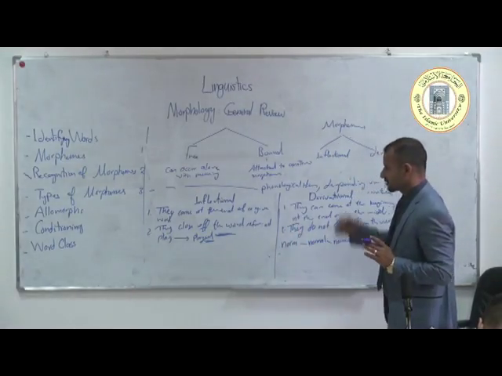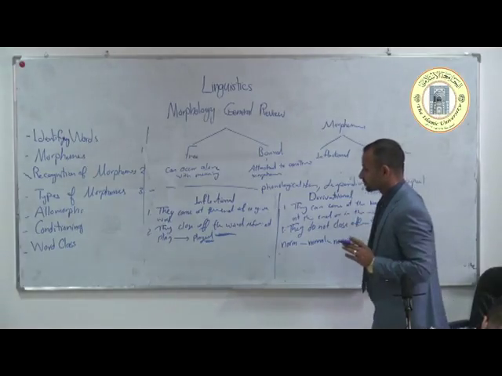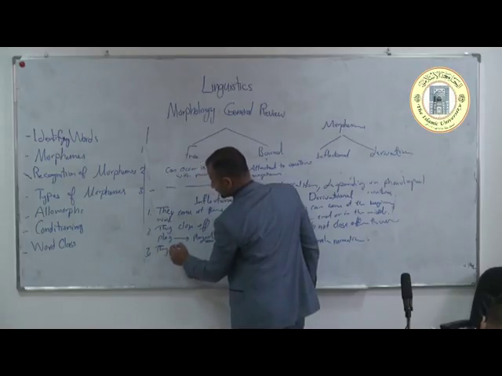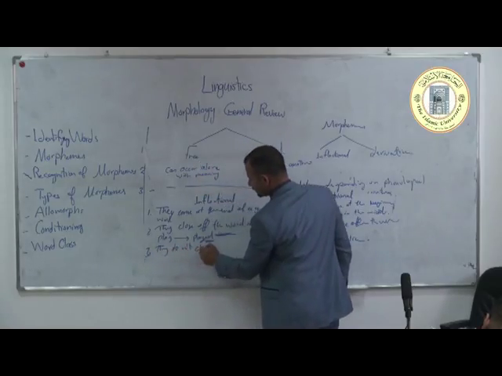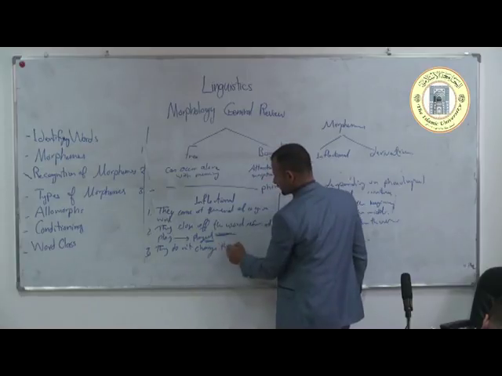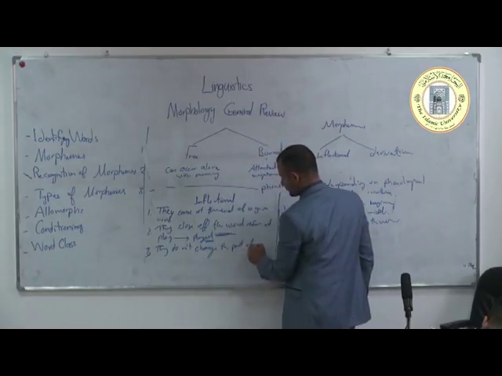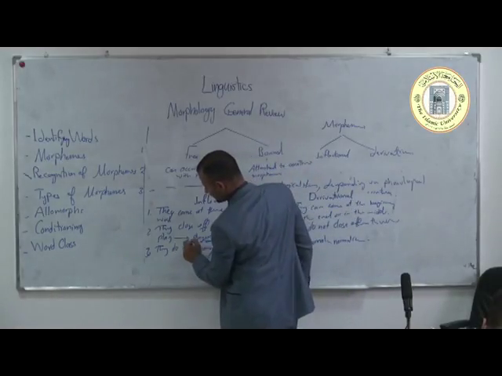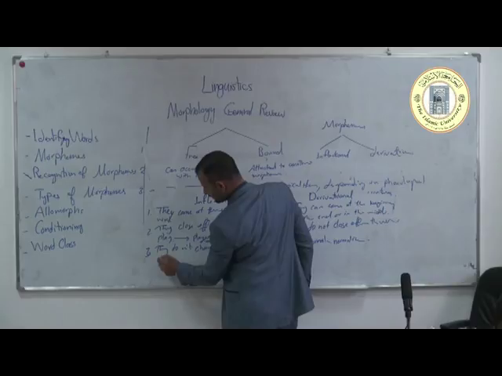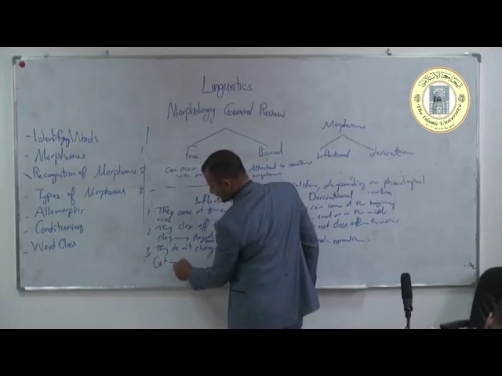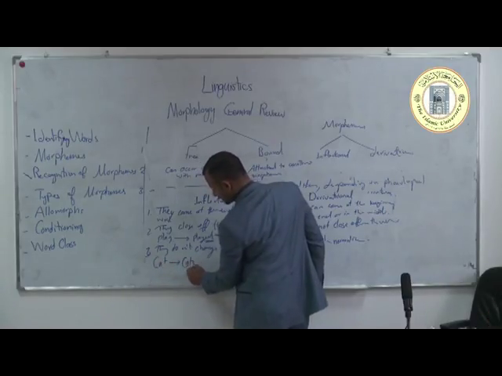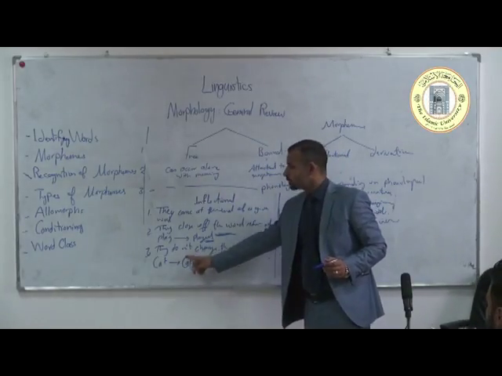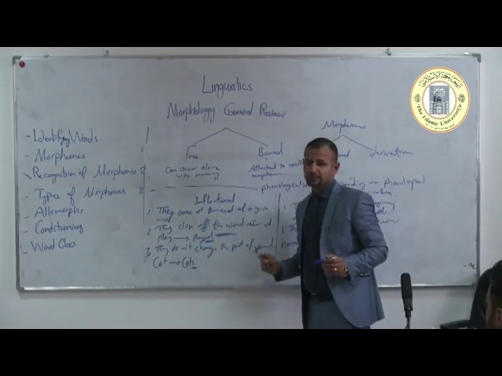Good. What else? They don't alter the syntactic behavior. Very good. Here, they do not change the part of speech. If we take the word cat and put cats, the plural morpheme would not change the part of speech of the word cat.